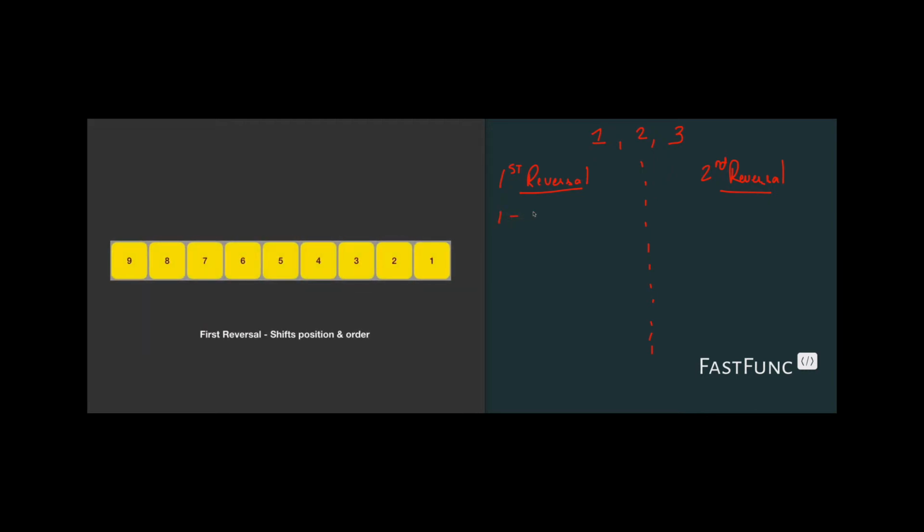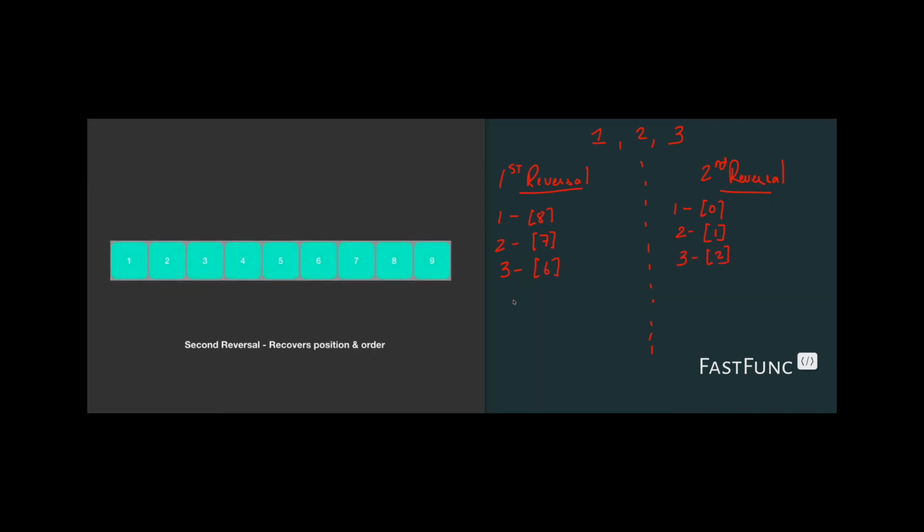1 belongs to index 8, 2 belongs to index 7, and 3 belongs to index 6. And in the second reversal, we recover these back. So 1 goes back to 0, 2 goes back to 1, 3 goes back to 2. Also observe what element precedes which other element.